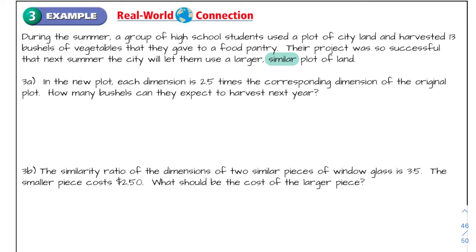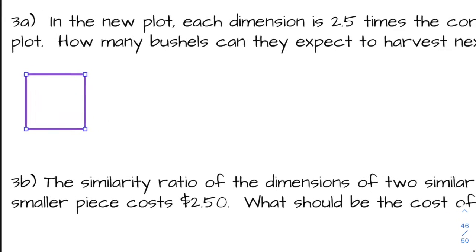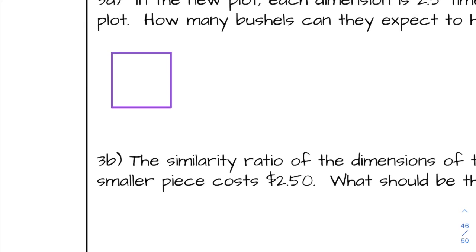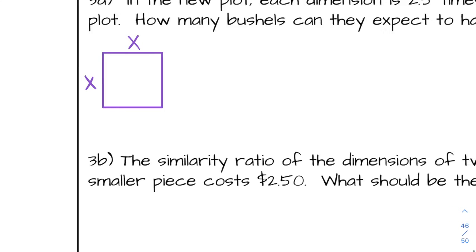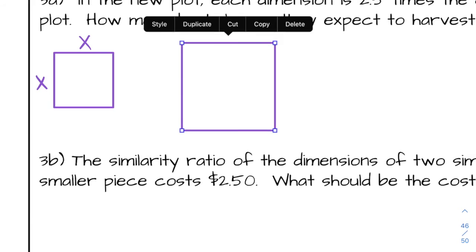Okay, so in their original plot of land, let's just call it a square. It doesn't really matter here what they were given, but they were given something that was one side by one side. That could be 12, that could be whatever. What we do know is that it enlarged to 2.5 times the size.